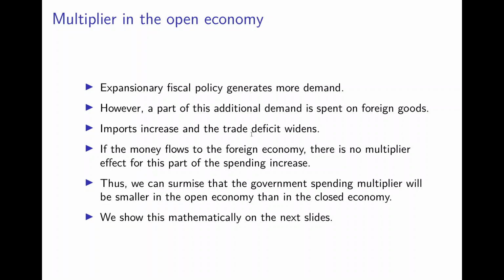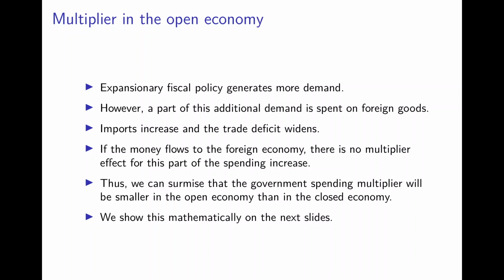This slide summarizes this effect again. So we have expansionary fiscal policy that generates more demand, but a part of this additional demand is spent on foreign goods. We have already seen that imports depend positively on incomes at home. So imports increase while exports do not change because we assume that foreign income stays the same.